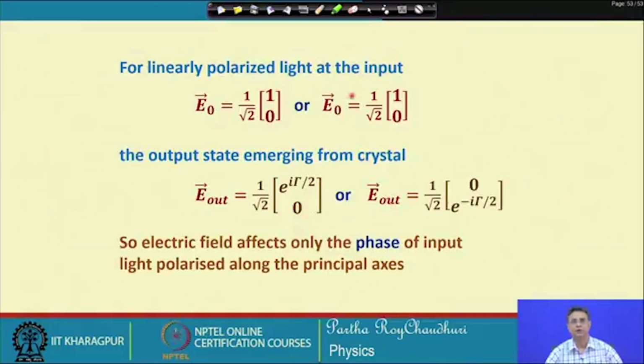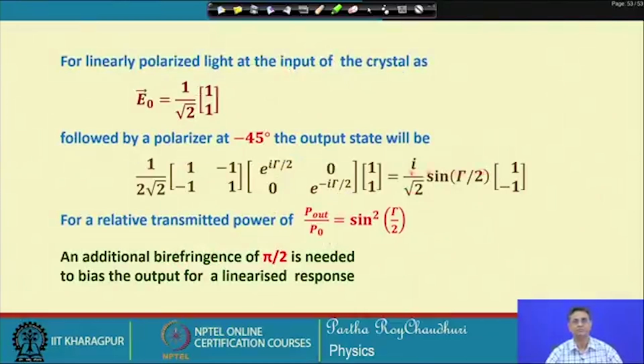Corresponding to this state, this will be E out. So, an electric field affects only the phase of the input light polarized along the principal axis. This is one of the principal axes, and the corresponding light is only affected in its phase. Here also, for the other eigenstate, it is affected in the phase.